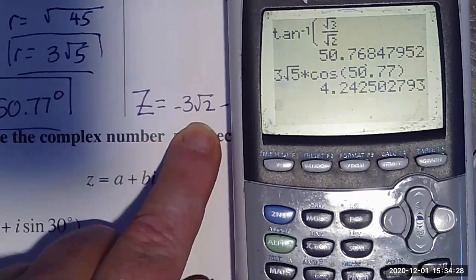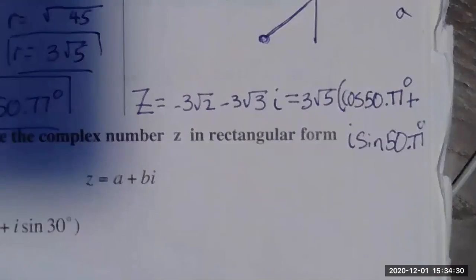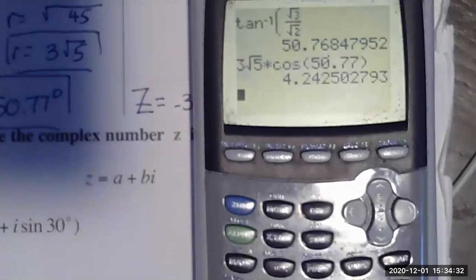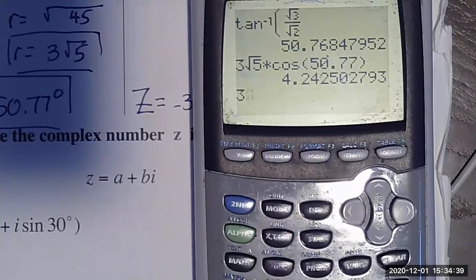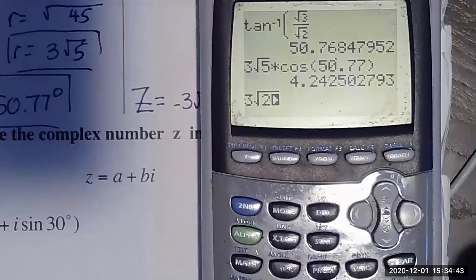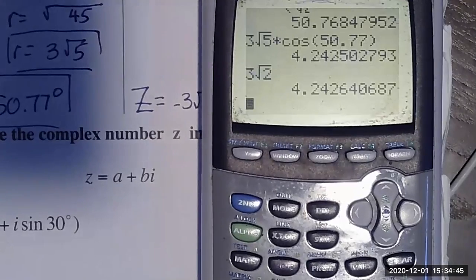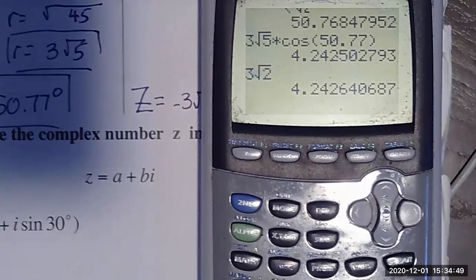Oh, I know. Let me get the number first. 3 root 2. See, it's the same answer. Pretty close, but because of rounding, same answer.